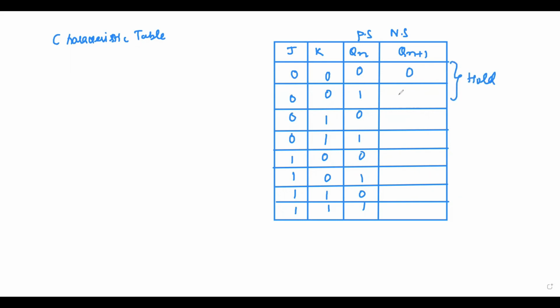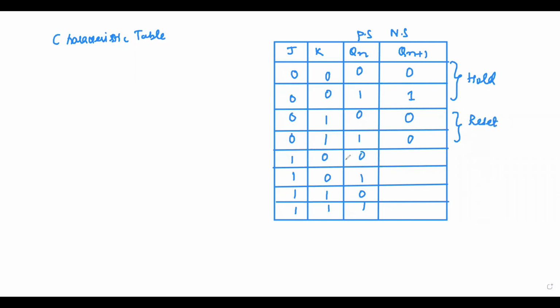If J is 0, K is 0, and the present state is 1, it is going to hold the previous state. And if J is 0, K is 1, and the present state is 0, the next state is also 0. If J is 0, K is 1, and the present state is 1, the next state is 0. Why is it so? Because it is going to reset.